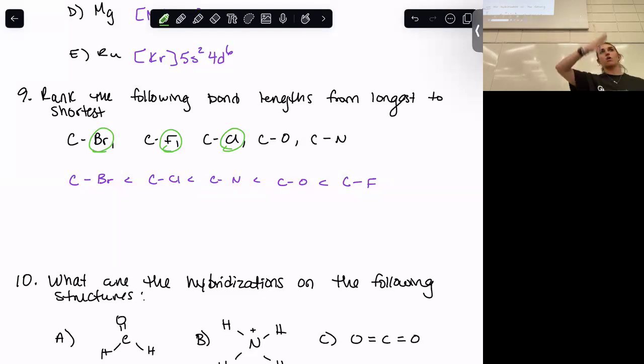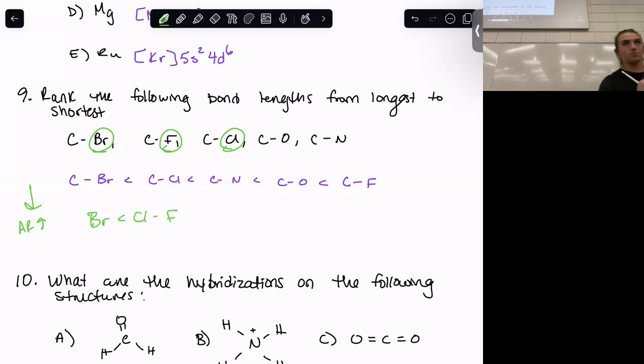Those are all halogens. They're all going down the group. As we go down the periodic table, what happens to atomic radius? Atomic radius is going to increase. So which one is our largest out of bromine, chlorine, and fluorine? Bromine's our largest, so bromine, then chlorine, then fluorine, big to small.